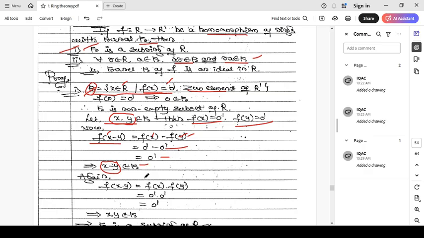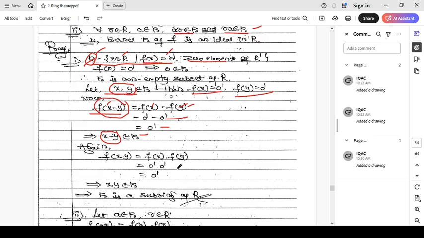According to the definition, for every x belongs to K, we have f of x equal to 0 dash. So what we have shown here is f of x minus y is equal to 0 dash. So therefore x minus y belongs to K. So the first condition is over.